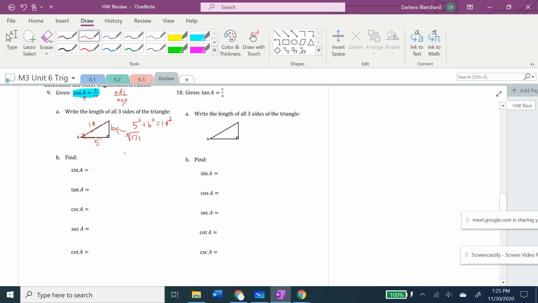Using this triangle, we have the 3 sides. Sine is... no one wants to say. Are you guys still there?